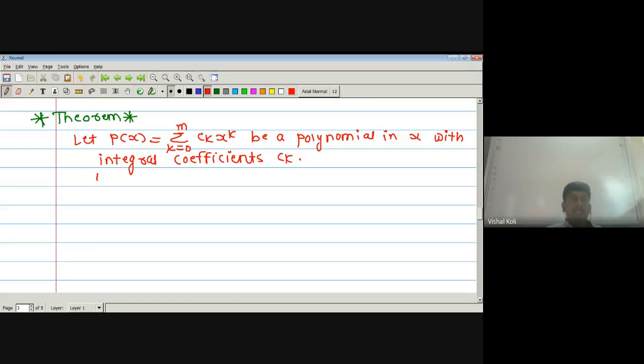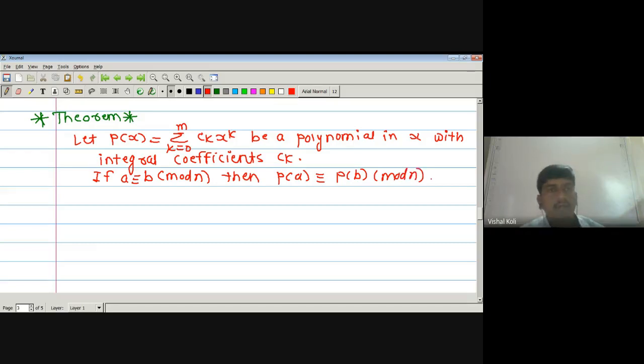And if a is congruent to b modulo n, then we have to prove that p of a is congruent to p of b modulo n. Here given that p of x is a polynomial in x with integral coefficients, that is, these values ck are integers, and also given that a is congruent to b modulo n, and we have to prove that p of a is congruent to p of b modulo n.